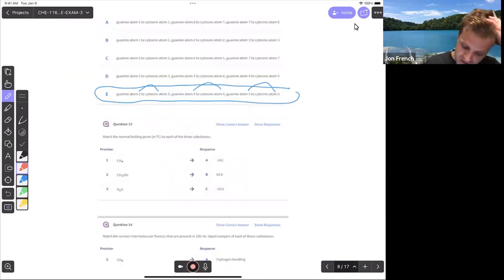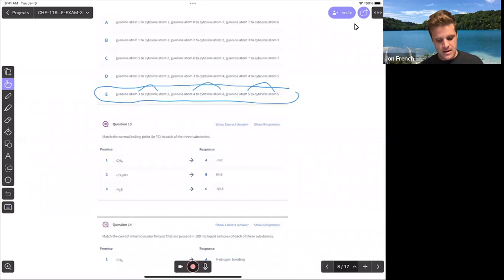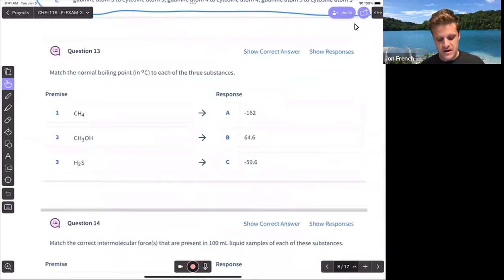So jumping back to 13. How do we assign boiling points to substances like in question 13? Does it have to do with number of atoms and molar mass together? In this case, let's say they're all about the same size. For question 13, methanol is a little bit bigger than methane.